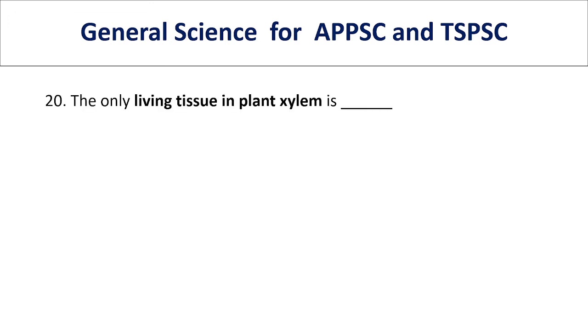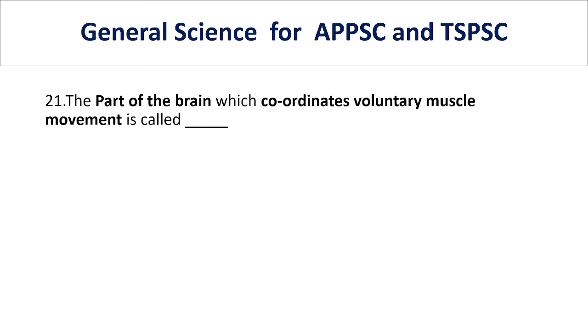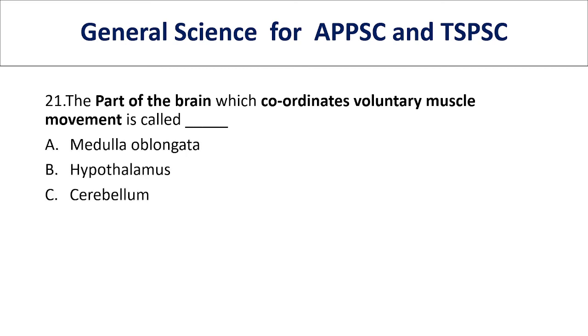The only living tissue in plant xylem is, and the options are trachea, xylem fiber, xylem parenchyma, and tracheid. And the answer is xylem parenchyma. Next, the part of the brain which coordinates voluntary muscle movement is called, and the options are medulla oblongata, hypothalamus, cerebellum, cerebrum.